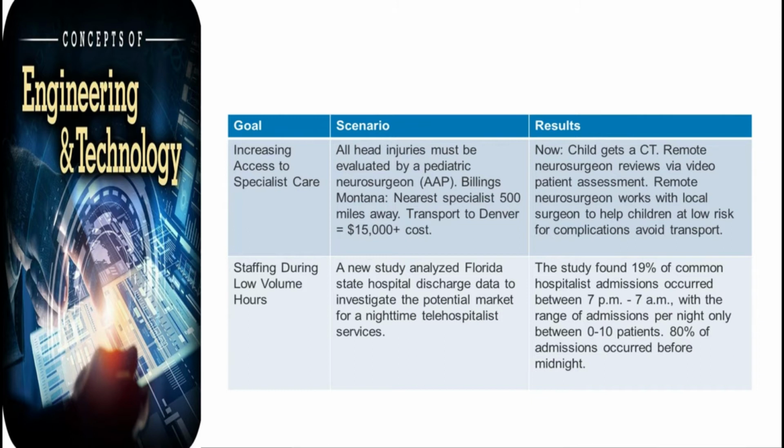Similarly, you need to understand the staffing during low volume and other things. Staffing is one of the important things when you want to run a hospital or manage a department. Say, for example, the OPD is manageable, there are 10 staff, and the ratio is 4 doctors, 8 nurses, like that.